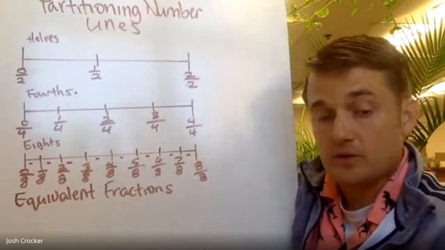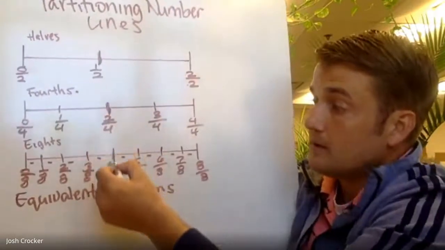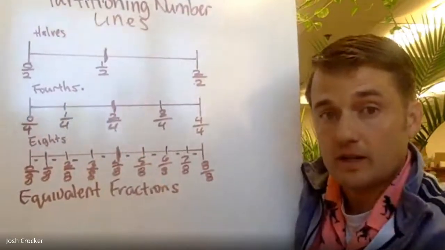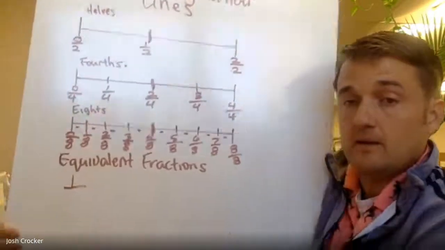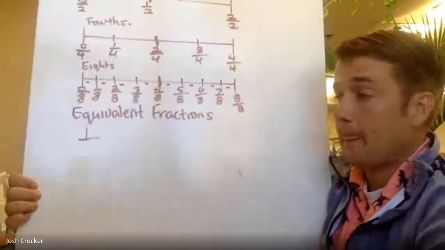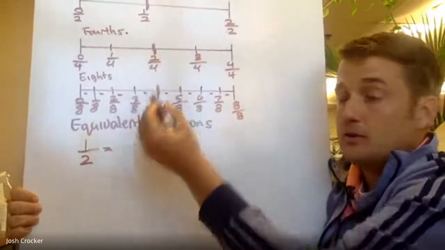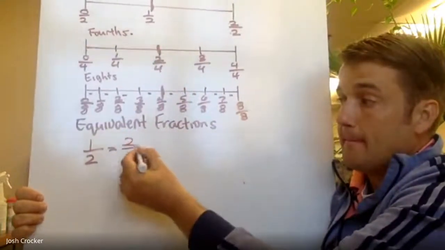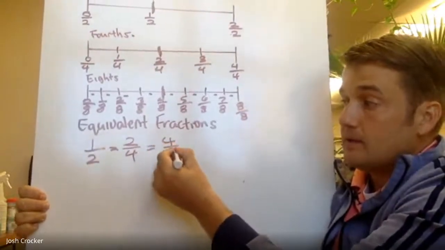Now let's talk about some equivalent fractions. So first, if we just look straight down the middle of all of our number lines, we've got 3 equivalent fractions. 1 half, which is equal to 2/4, which is equal to 4/8.